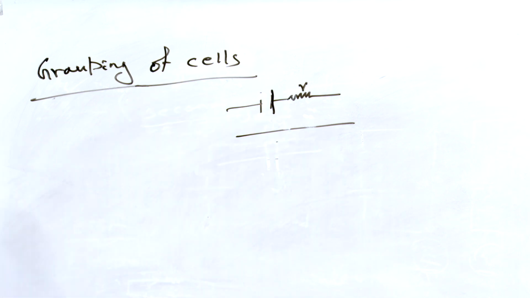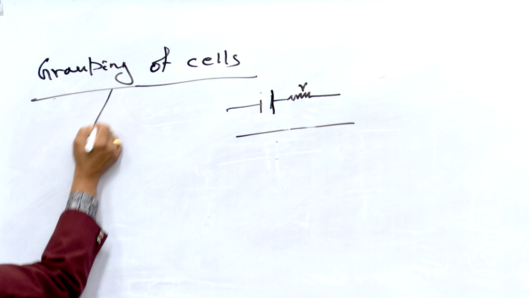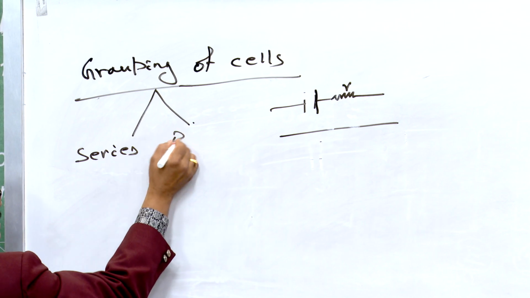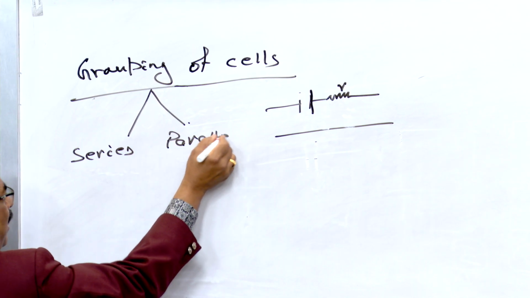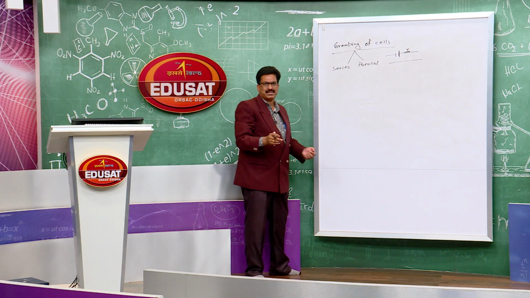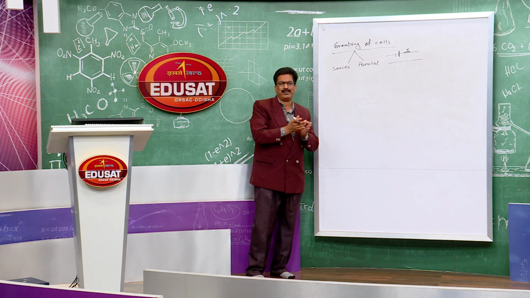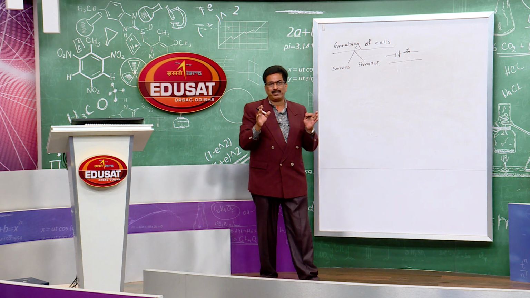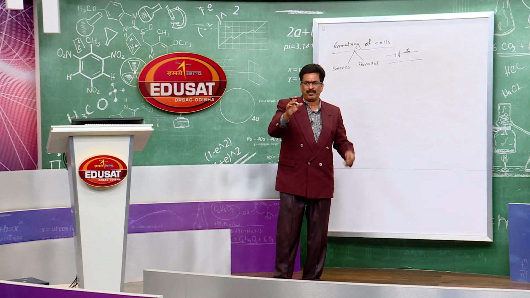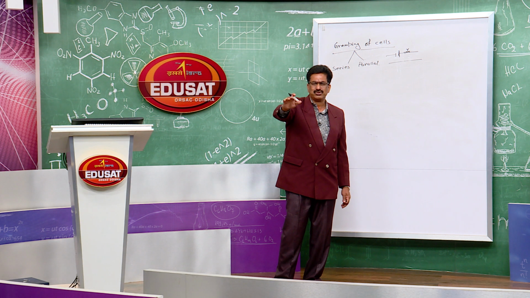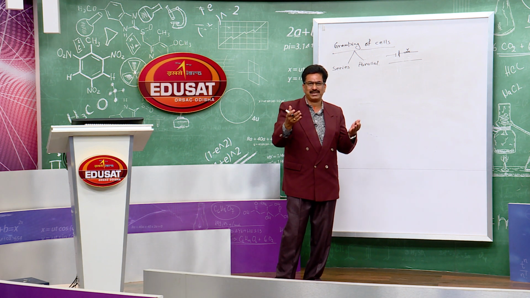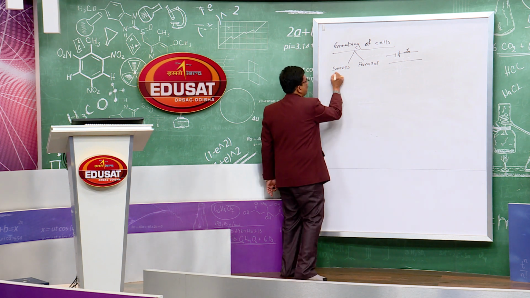Grouping means more than one cell. The grouping of cells is divided into two types: one is series, another is parallel. In series, in our common language, we say pankti. In your villages you will find a pankti bhojana, where people sit one by one. So this is what series means.